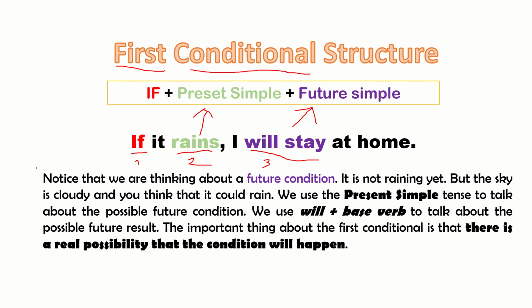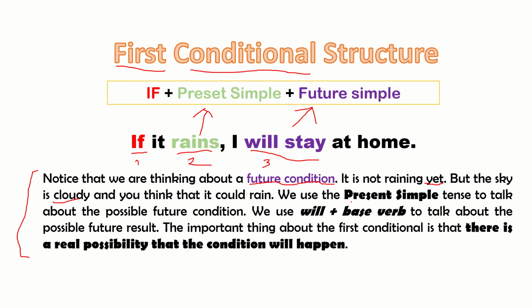Okay, now let's read this part here. You can read with me at home. So let's do it together, okay? Are you ready? Go. Notice that we are thinking about a future condition. It is not raining yet. Okay, but the sky is cloudy and you think that it could rain.